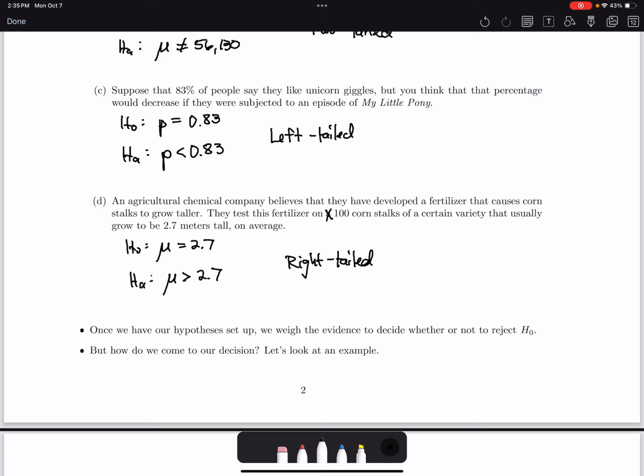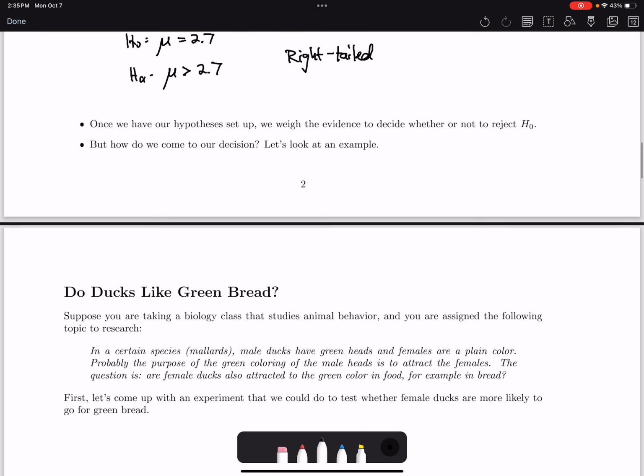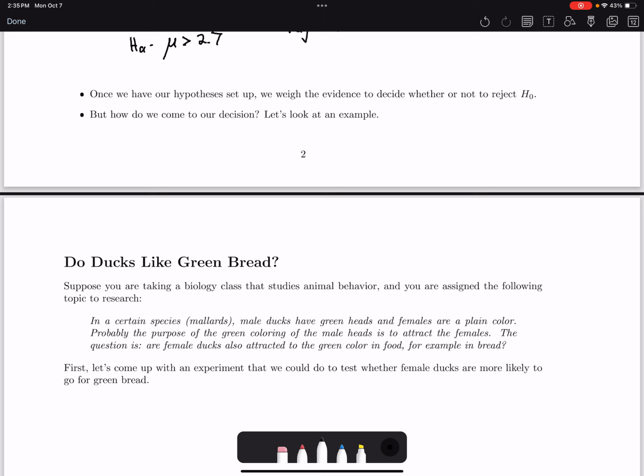Okay, so that's how we would set up null and alternative hypotheses for one sample hypothesis testing. Once we have our hypotheses set up, we weigh the evidence to decide whether or not to reject the null hypothesis. But then the question is, how do we come to our conclusion? And for that, we'll look at an example.